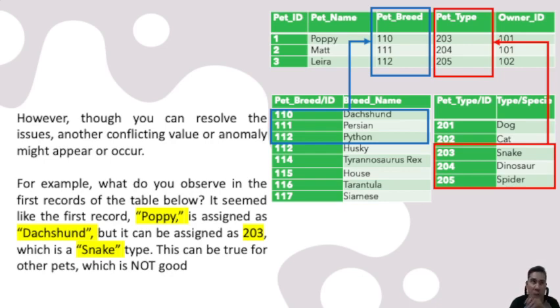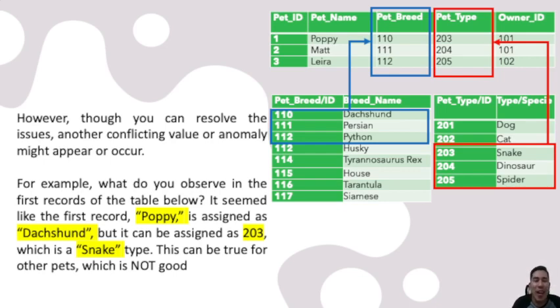For dog type, we have Dachshund, Askal, Chihuahua, or any breed that belongs to a dog type. For cat, we have Persian, and Siamese. For snake, we have cobra, python, and other snake breeds.